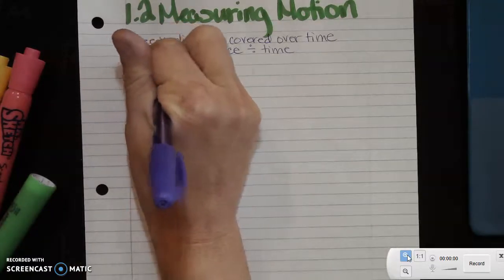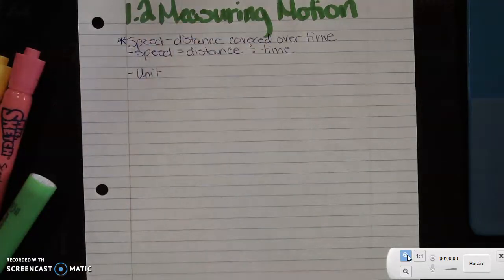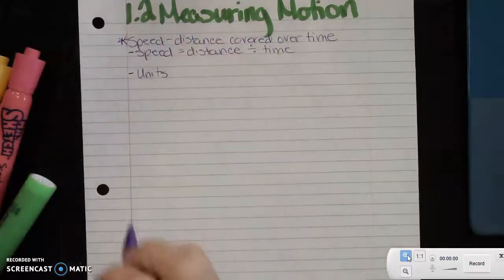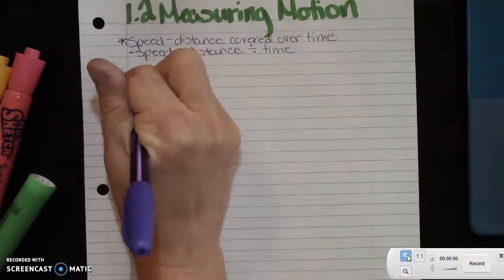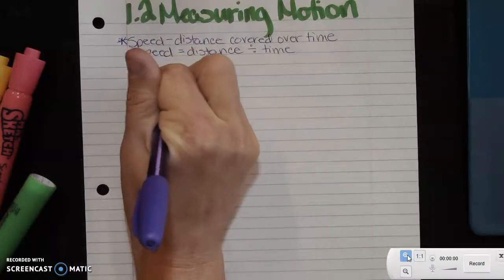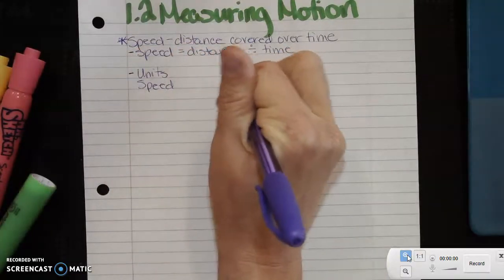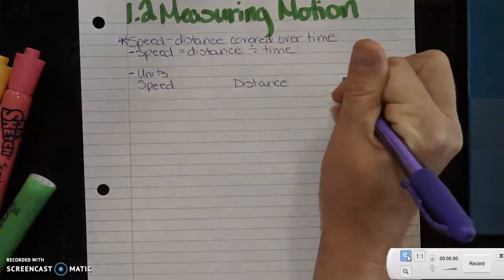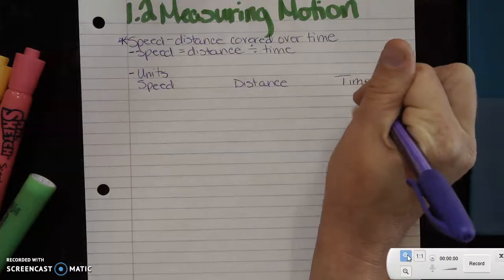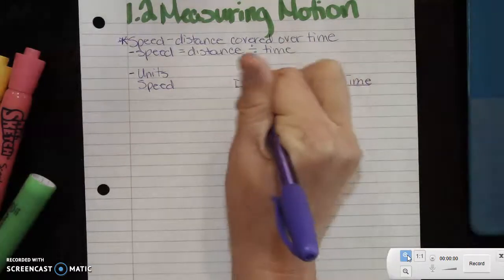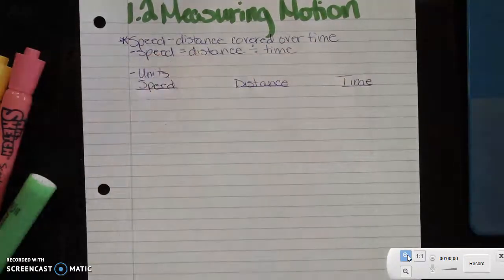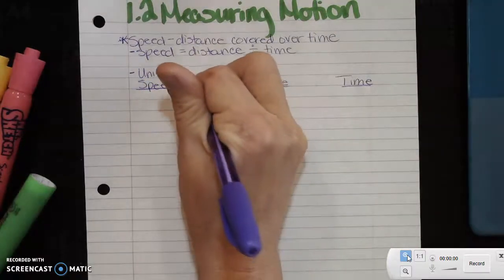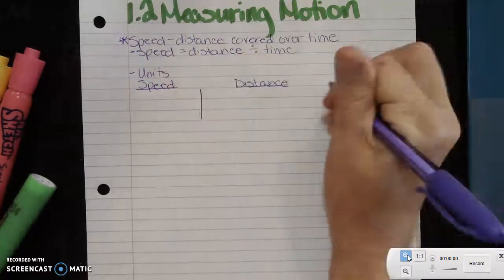Let's just copy down a couple units that we're going to be using a lot. And in particular, we want to match these up. So our units for speed, distance, and time. Just turn this into a little table.